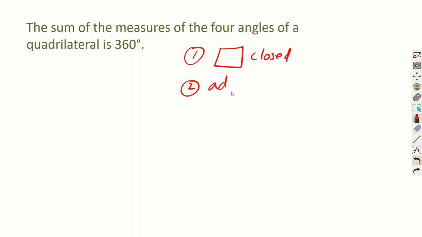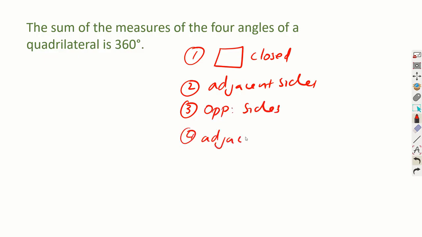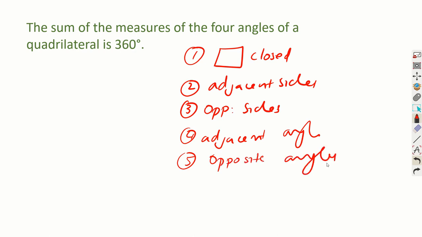Second, you studied about adjacent sides, then opposite sides, then adjacent angles, then opposite angles, right? Then you studied about diagonals, and now you studied that the sum of the measures of the angles of a quadrilateral is 360 degrees, right?